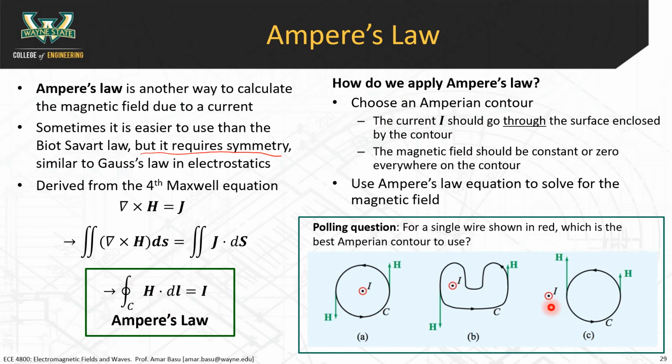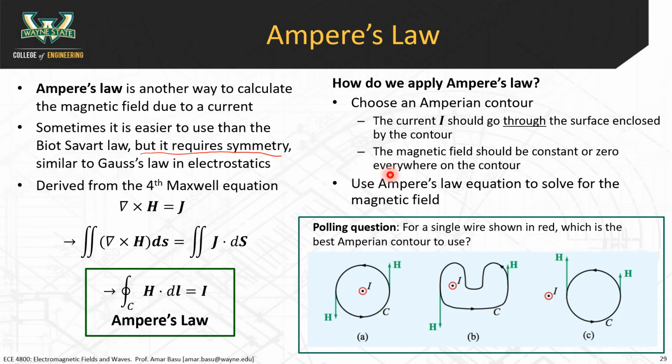That dot there means that the current is coming out of the page. So the first step in choosing an Amperian contour is that the current I should go through the surface enclosed by the contour. So we have to draw a contour around this. And the second one is that you should choose the symmetry of the contour so that the magnetic field is constant or zero everywhere on the contour.